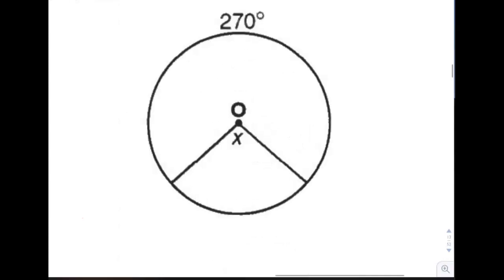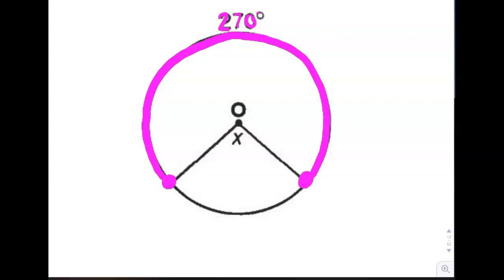This one here, when it's marked 270 up there like that, what they're doing is, if they said 270 was here, which wouldn't make any sense, but they would be talking about this, but they're not. The 270 is written up here. So that means it's the huge arc going from here all the way around to here.